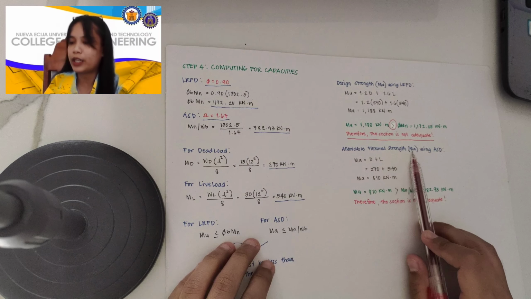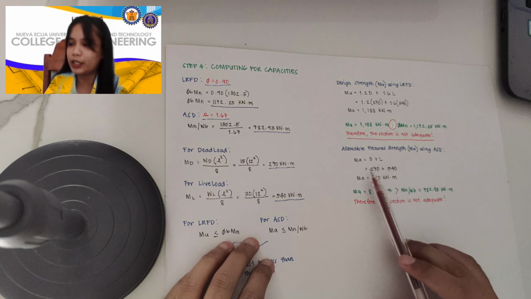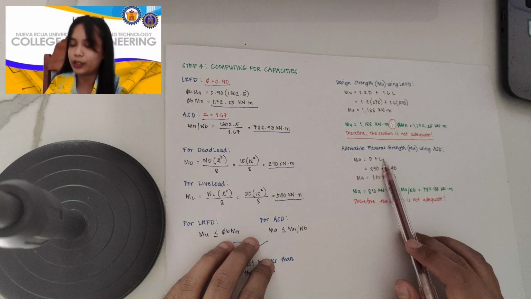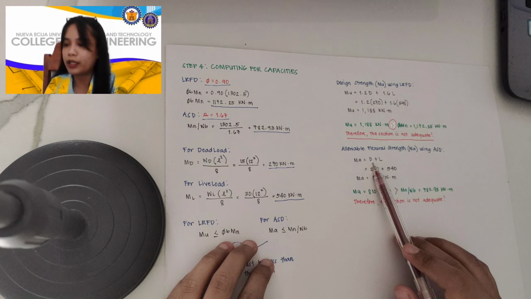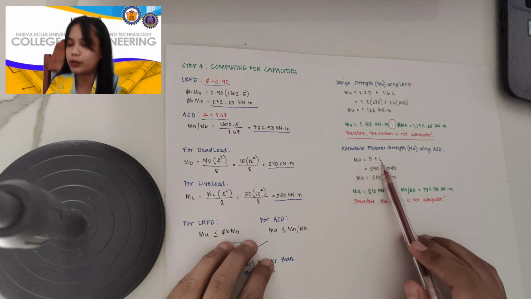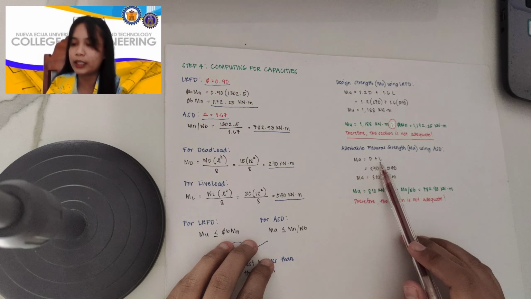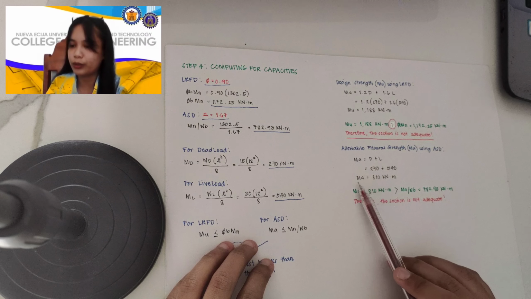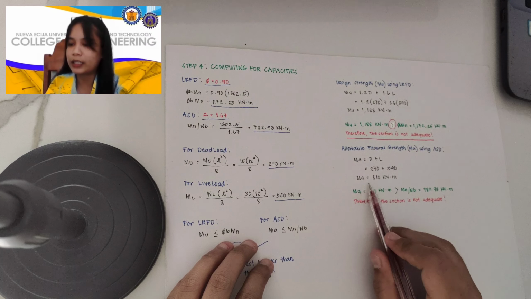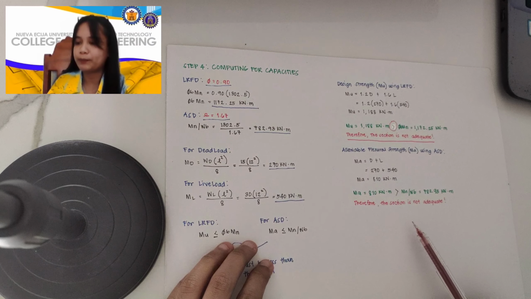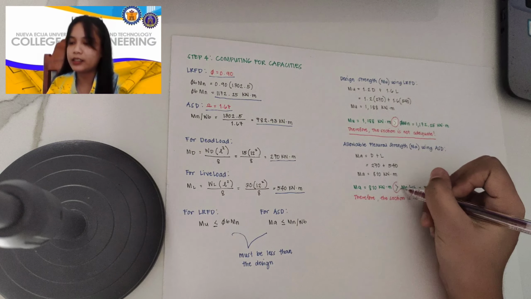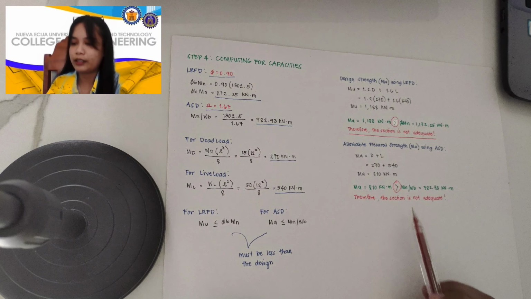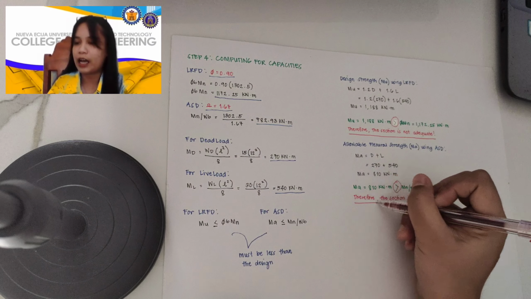For the applied moment Ma using ASD, we will be using the load combination Ma is equal to dead load plus live load. So Ma is equal to 810 kilonewton meter, where our Ma is greater than the capacity, therefore the section is not adequate.